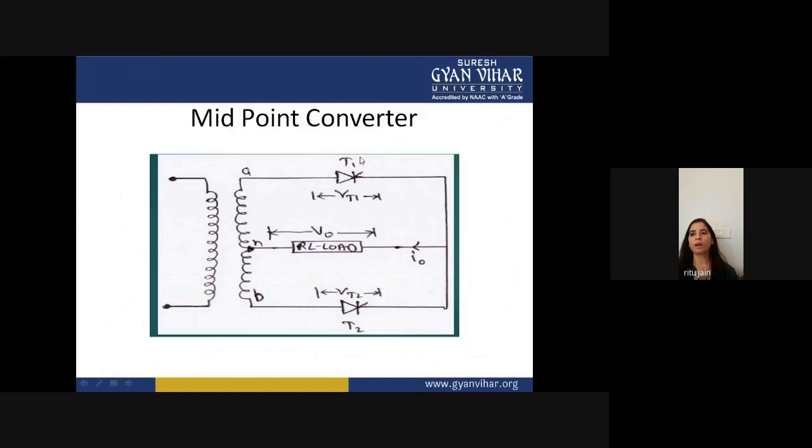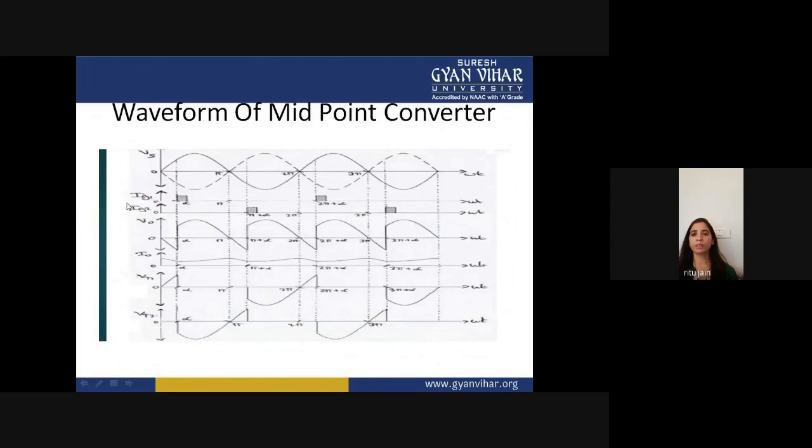So for the positive half cycle, T1 will be forward biased. When T1 is forward biased and you are not applying any gate pulse, T1 will not conduct. But when you apply a gate pulse at T1, the thyristor will start to conduct. You can see in the diagram that at point alpha, you are triggering this SCR T1 and it will conduct from alpha to pi.